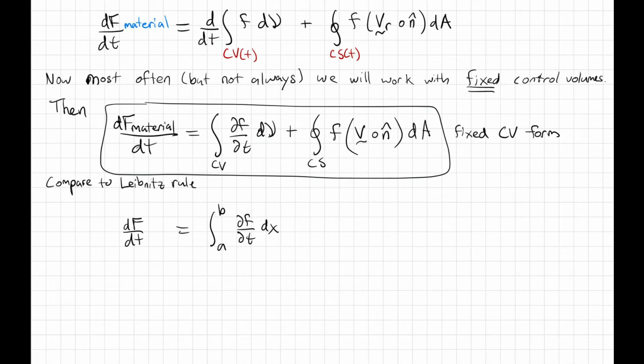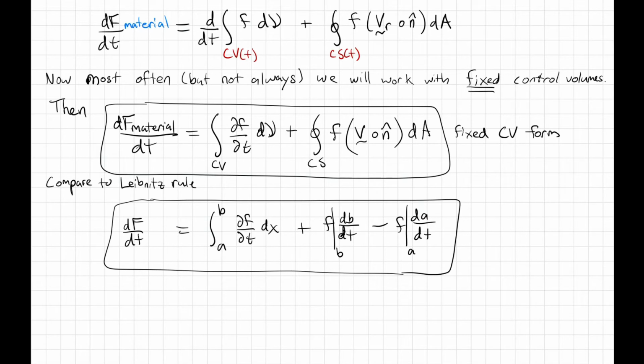The first term was you add a portion where f is evaluated at the boundary times db/dt, which is the velocity of, let's say, the right boundary, and then you subtract off a similar term with f evaluated on the left boundary, times the velocity of that left boundary. You have to subtract that portion off.